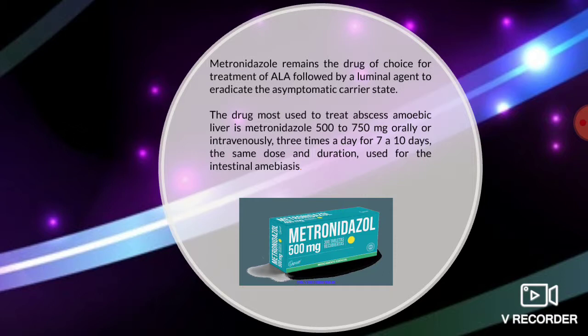The drug most used to treat amoebic liver abscess is metronidazole 500 to 750 mg orally or intravenously 3 times a day for 7 days. That is the same dose and duration used for intestinal amebiasis.